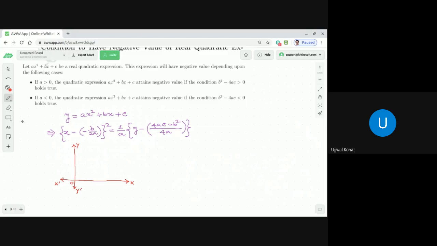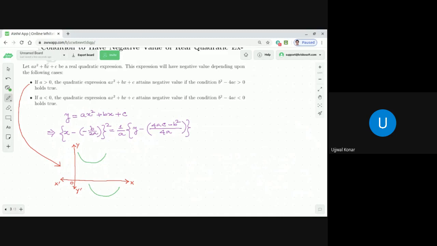Now a greater than 0, I'm just going to study this part, dear students. A greater than 0 means what? The parabolic curve is flipped upward. That means whatever it is, the curve will be something like this or something like this. Correct or not? So now, when a greater than 0, the curve will attain the negative value.